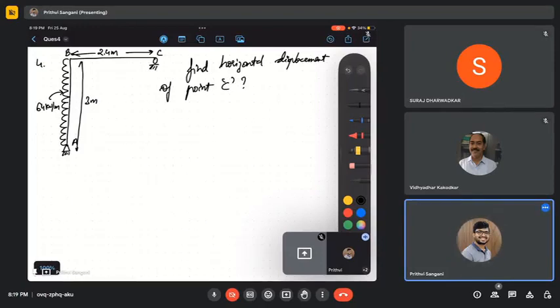We'll also get some rotations at A and at B, but that is not our point of interest. The question is to find the horizontal displacement at point C. So let us use the unit load method.